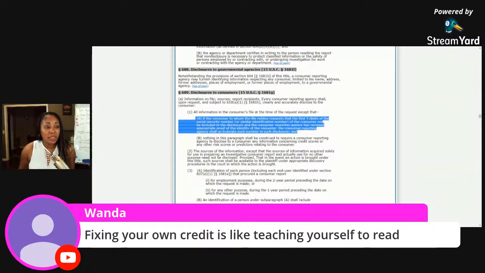It says if the consumer to whom the file relates requests that the first 5 digits of the social security number or similar identification number of the consumer not be included in the disclosure, and the consumer reporting agency has received appropriate proof of identity.